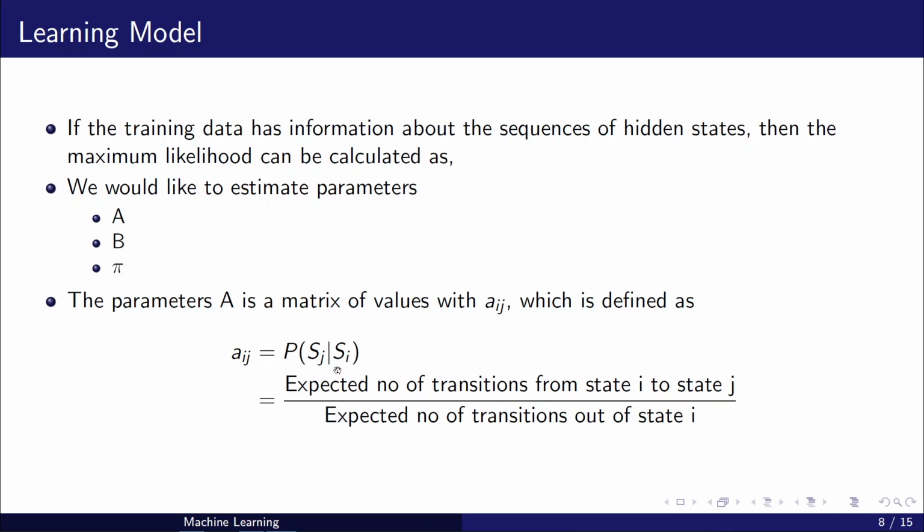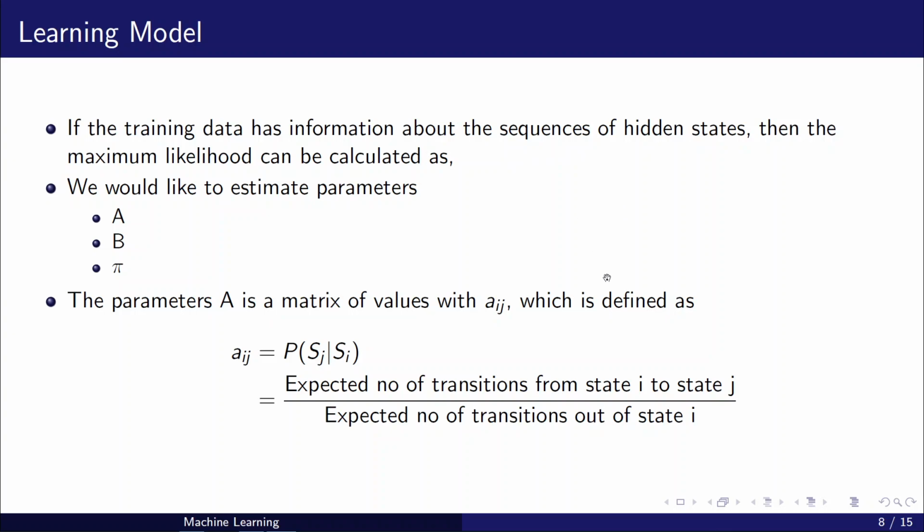What is the probability of the transition to Sj given Si? This is written as the number of transitions from state i to state j divided by the number of transitions out of state i, if the training data has the sequence of hidden states.